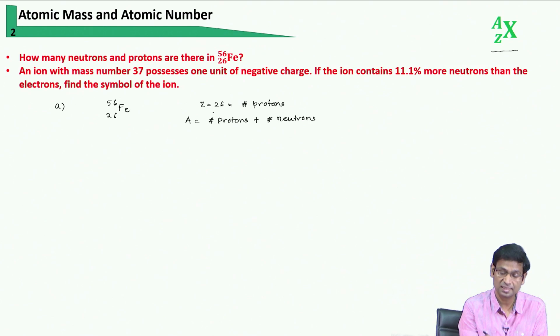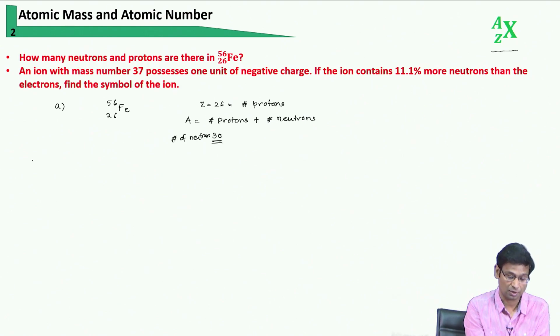So, since 26 is the number of protons, the number of neutrons is 30. So, this atom has 26 protons and 30 neutrons.